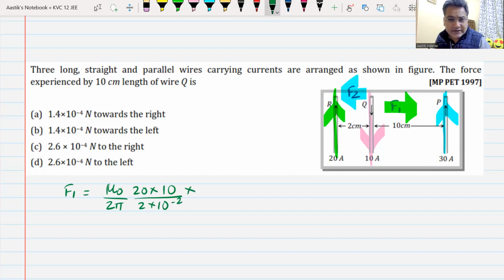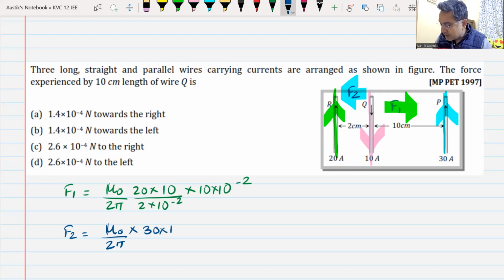The length of the wire is 10 centimeter, 10 into 10 raised to the power of minus 2. F2 is mu naught by 2 pi multiplied by I1 is 30, I2 is 10, distance is 10 centimeters, length of the wire is also 10 centimeters. Both of which are repulsive.